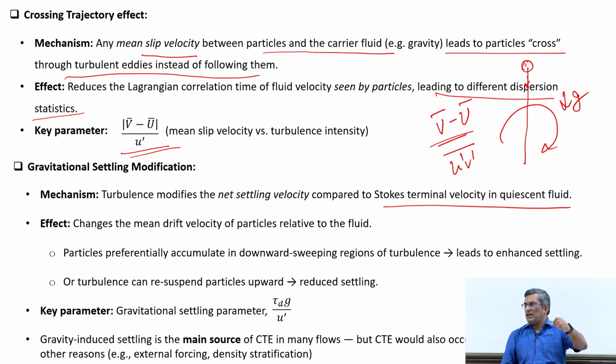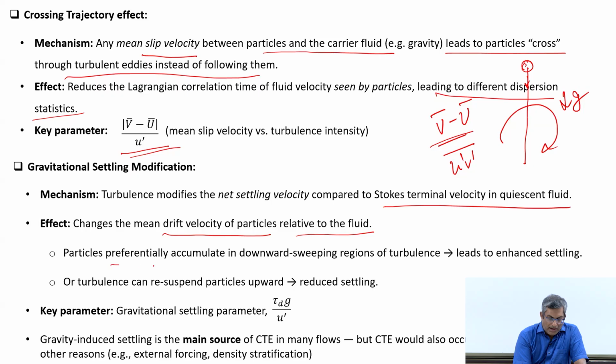We know that if we release a particle in a quiescent medium, then finally it reaches terminal velocity, that is the Stokes terminal velocity. Now, the question is how that will be modified if we inject the same particle in a turbulent flow. In this case also, the mean drift velocity of the particle relative to the fluid changes.